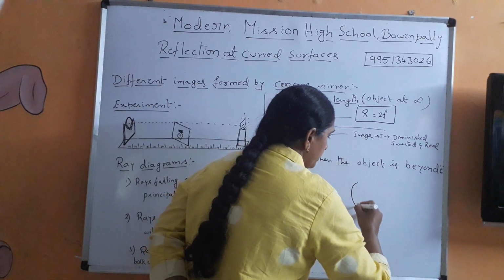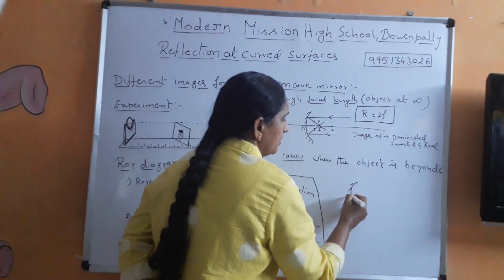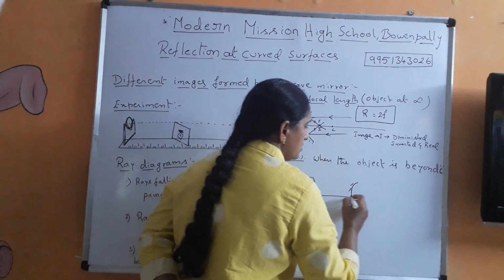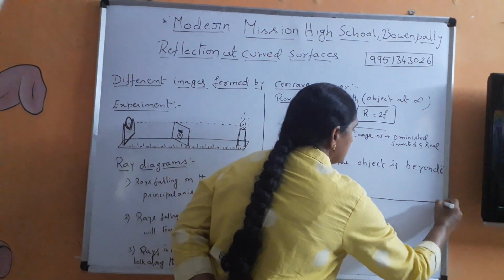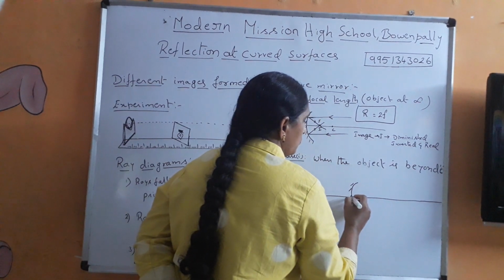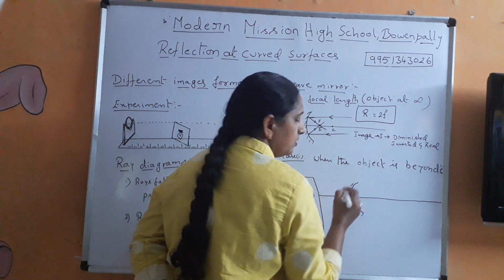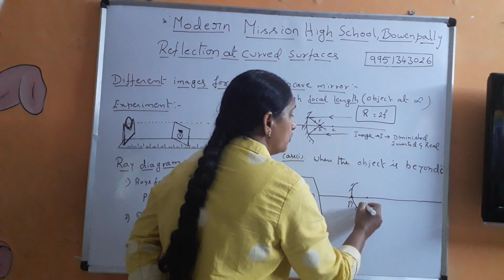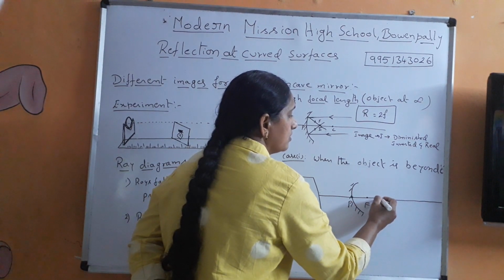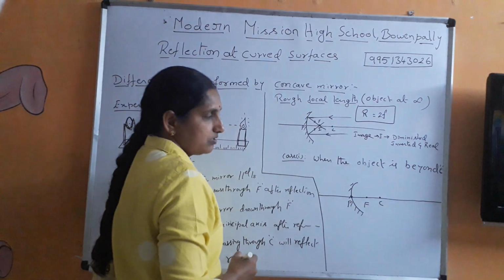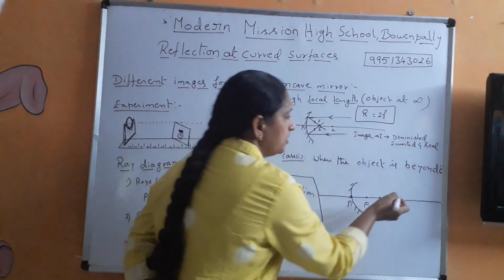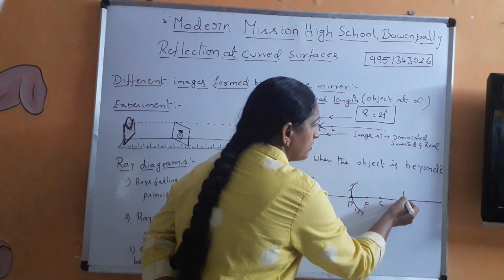Take a concave mirror. This is the principal axis, pole, focus, center of curvature, basic things. Now we are going to imagine an object over here.